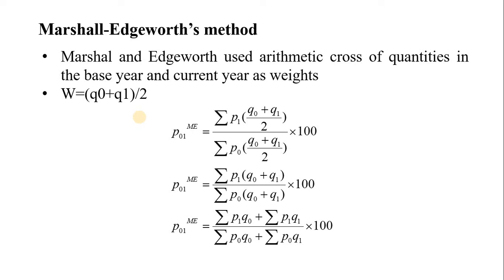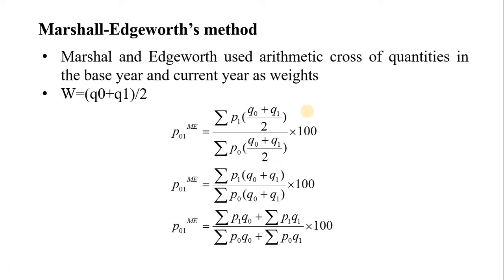According to them, the price index number for a period is equal to sigma P1 into weight, where weight is Q0 plus Q1 divided by 2, whole divided by sigma P0 into weight, where weight is Q0 plus Q1 divided by 2, into 100.